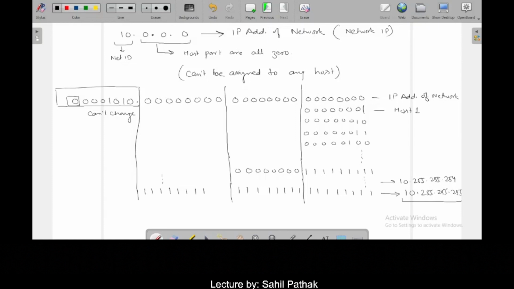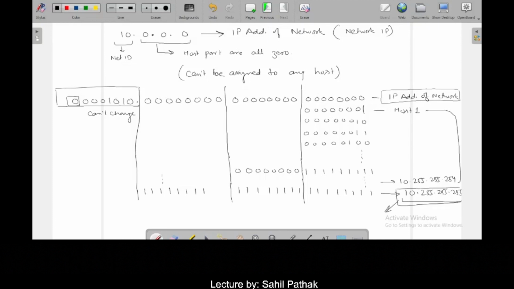So you can see from host 1 to this much we can have 2 raised to power 24 minus 2, because there are 24 bits for the host part, and out of those we have removed only 2. One is reserved for the IP address of the network, and another one is used for broadcasting purposes.